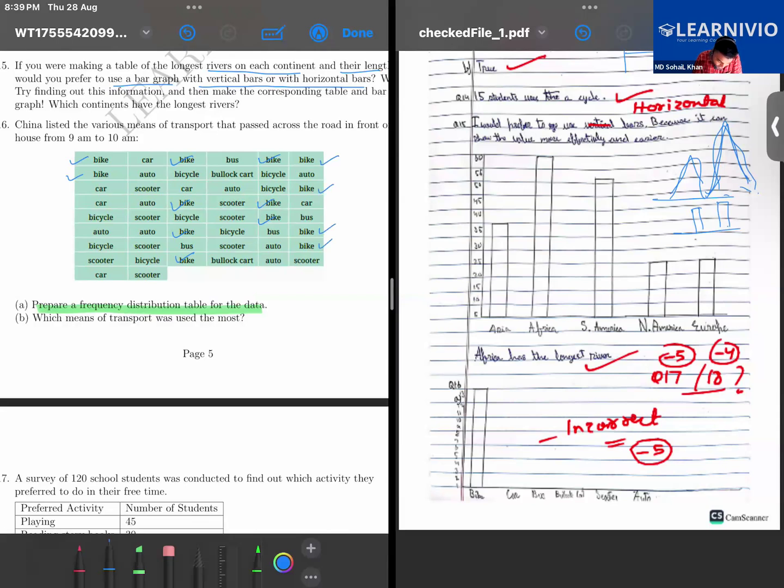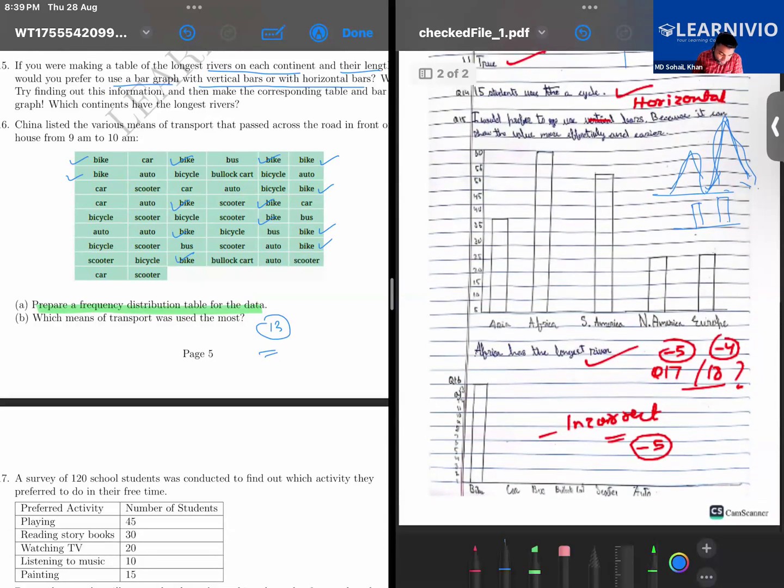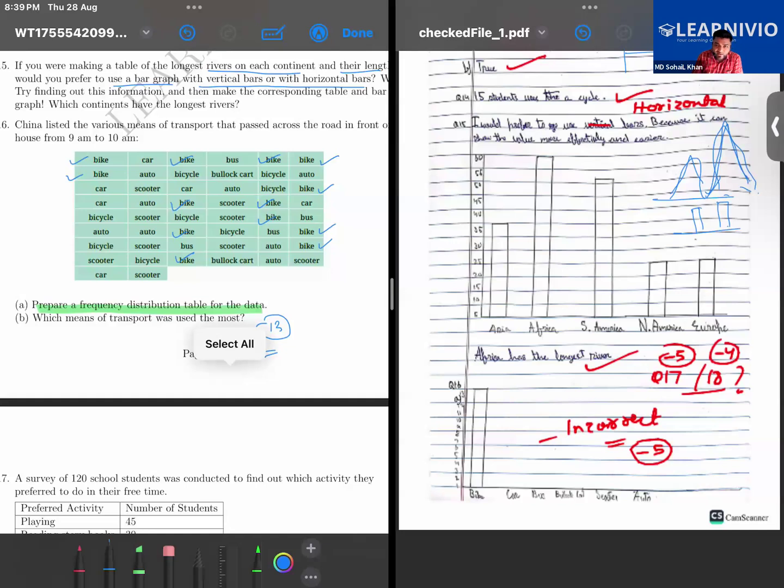Have I missed any? No, sir. 13, right now. So which means of transport was used the most? It was bike. Now the question is, how do you draw the frequency distribution table? While I'll be discussing the answer paper for the students, you will be learning about that there.